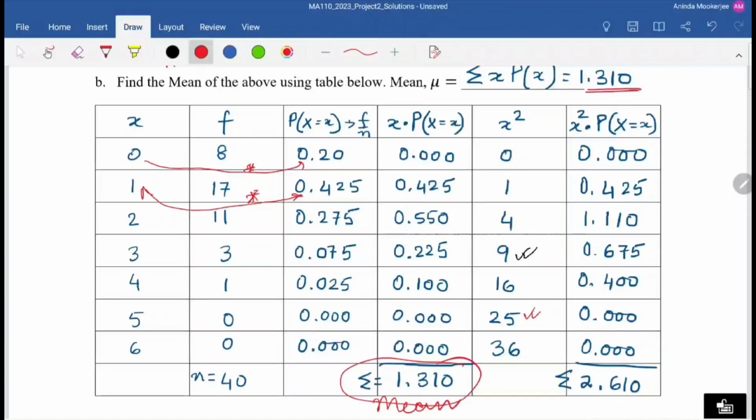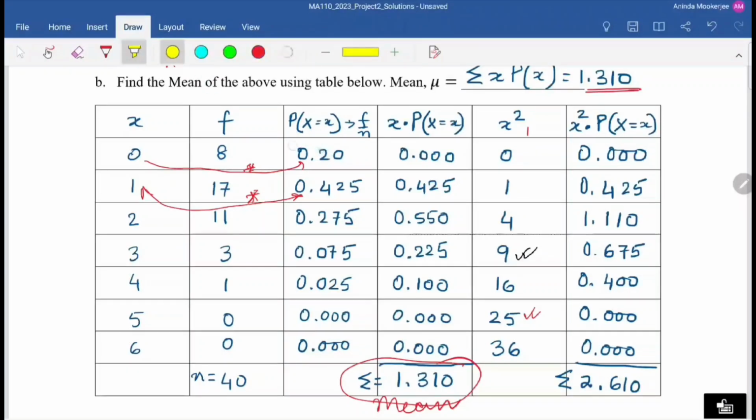However, you have to first multiply all your probability values, that's the third column values, by the x squared values. So in the last column, I've multiplied x squared times probability of x, the third column, not this column here, which we used to find the mean. Please do not use this column.